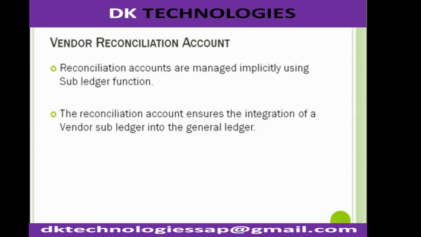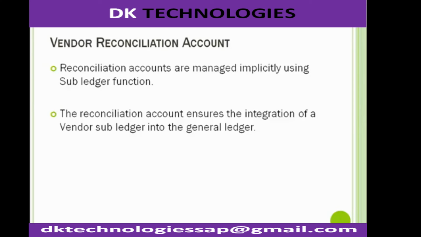As said, when you post transactions to a subsidiary ledger, which is termed as subledger over here, like the vendor subledger, the system automatically posts the same data to the general ledger. It automatically posts to the general ledger because we assign that reconciliation account to the vendor subledger. That is why it automatically posts to the general ledger.